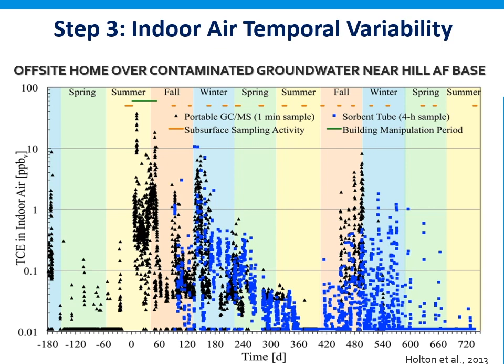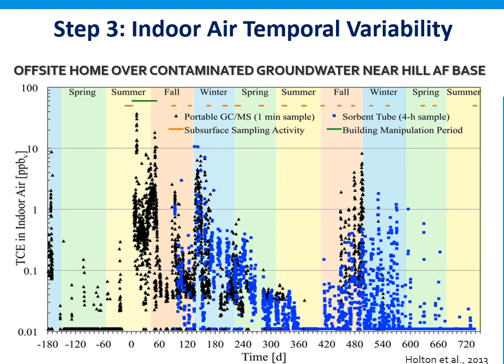As you can see from the chart, indoor air has been tested numerous times on a daily basis over about a 3-year time period. The trichloroethylene concentrations in indoor air range by 3 orders of magnitude, and there's a seasonal variation to the indoor air concentrations. What this shows is that one sampling event will not potentially produce results that are indicative of long-term exposure conditions. Hence, numerous sampling events for a building are warranted in order to quantify the risk of exposure.